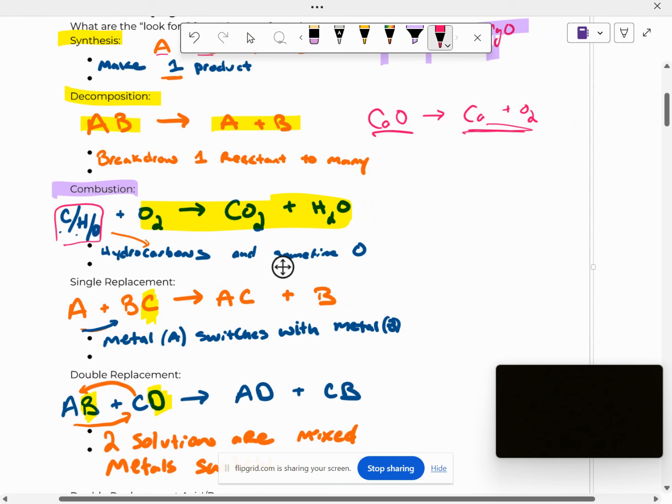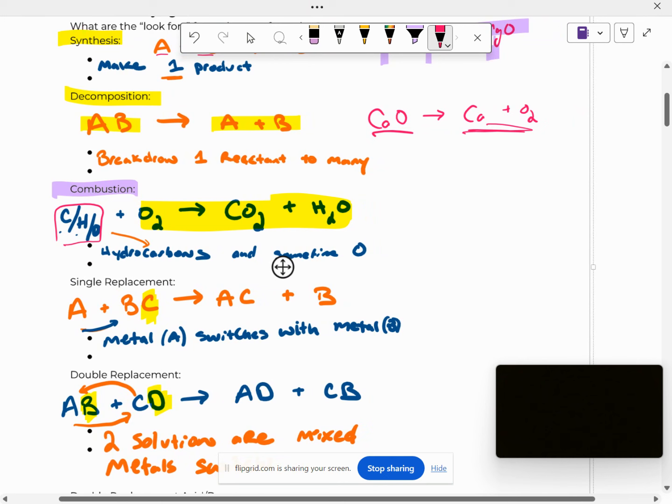An example of that would be NaCl plus CaF, and these are going to switch. You're going to get NaF plus CaCl2. You don't have to worry about how to balance and all that stuff, but these switch. That's the pattern with double replacement.